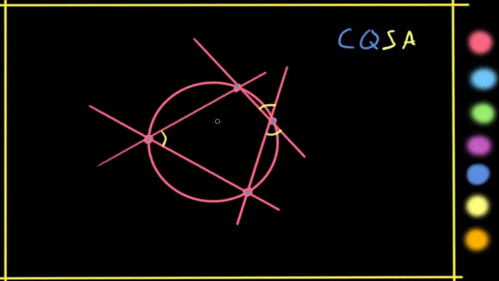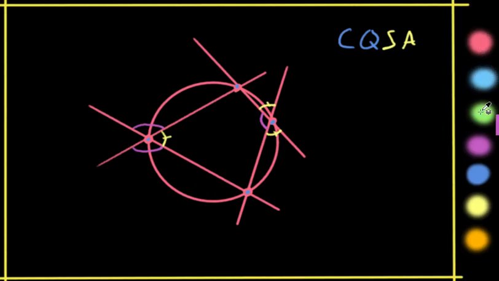And so those angles are actually all equal. This one, this one, and this one are all equal. And at the same time, this one is going to be equal to the angles that are supplementary to this one. So that's this one here and this one here. Those angles are also all equal to each other.